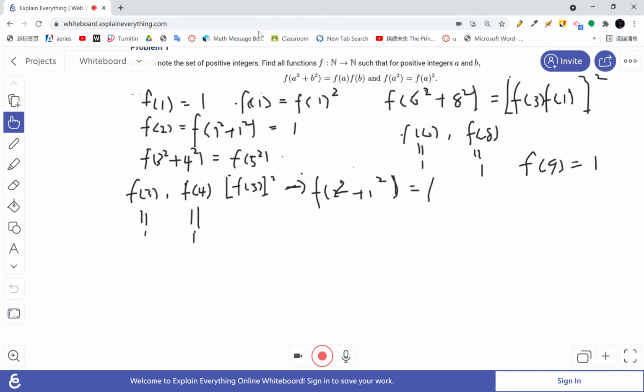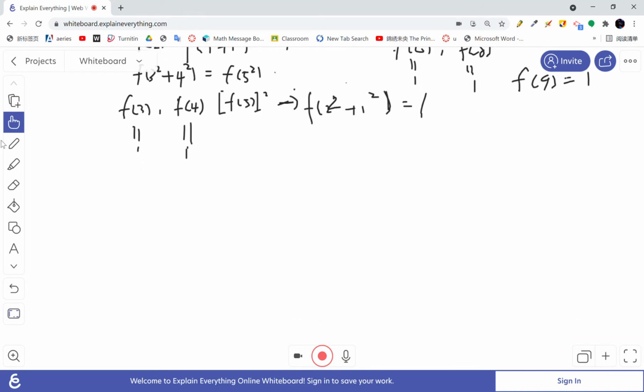It starts to become clear that we can write this as f of a squared. The Pythagorean triple works like this: a squared minus b squared, 2ab, and a squared plus b squared is a Pythagorean triple.